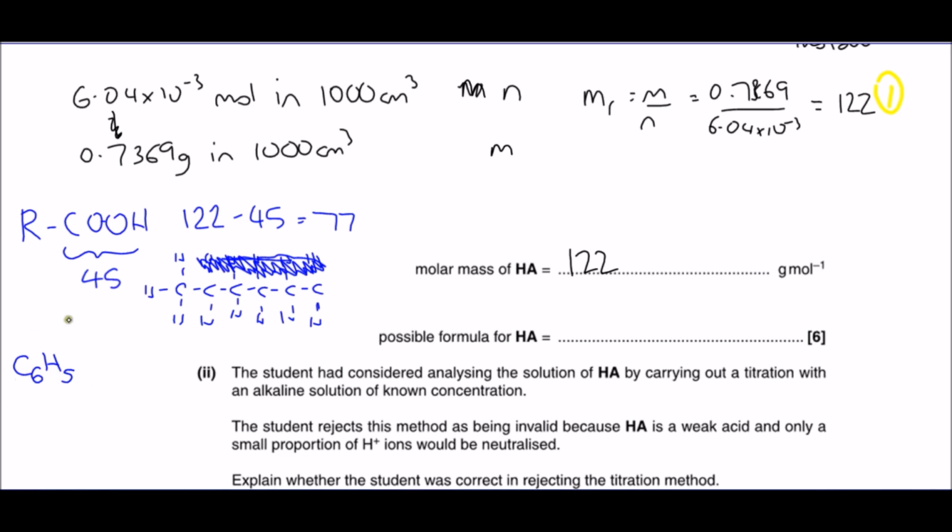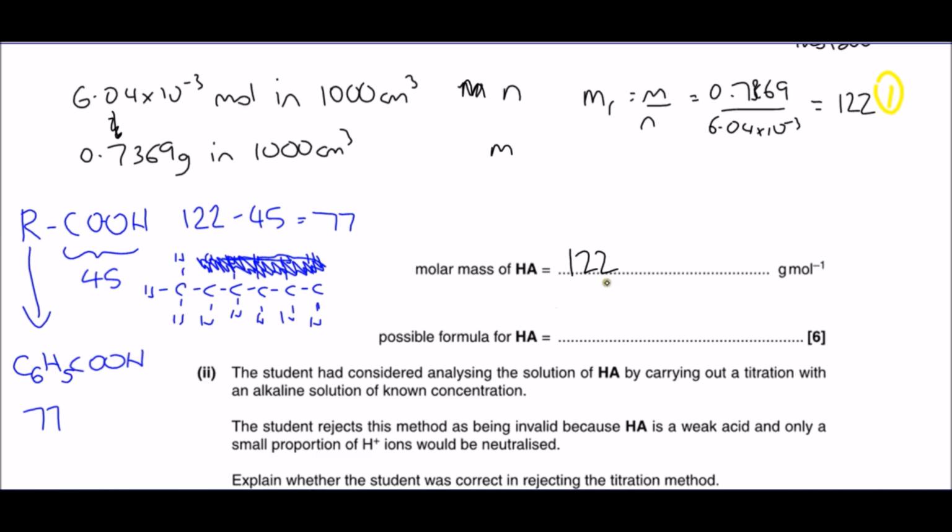So C6H5 is the R bit of this, because that adds up to 77. You can see that all of that is trial and error. It takes a few minutes, but we got there in the end. So the formula of this compound is C6H5, and then there's the COOH group on the end.